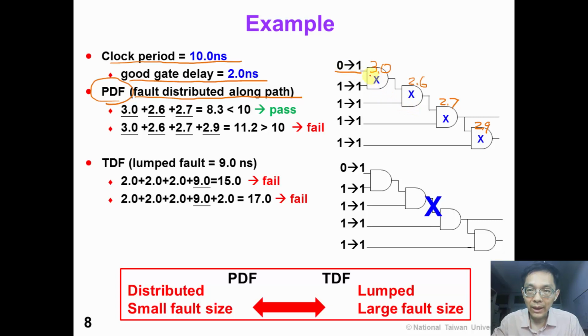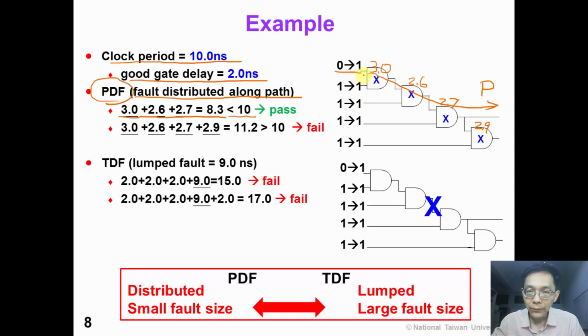If we apply this test and we observe the output along the short path, because the accumulated delay is 8.3 nanoseconds, which is still smaller than 10 nanoseconds, so the circuit can pass the test.